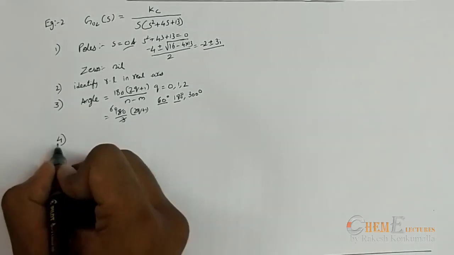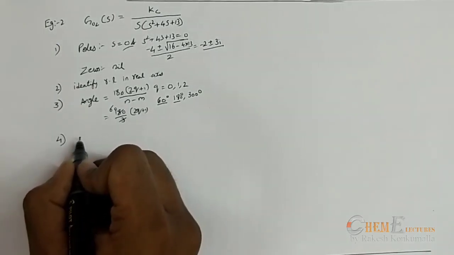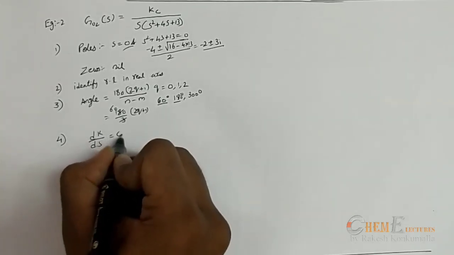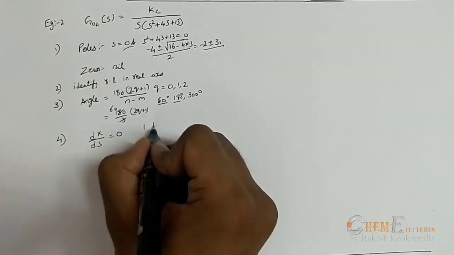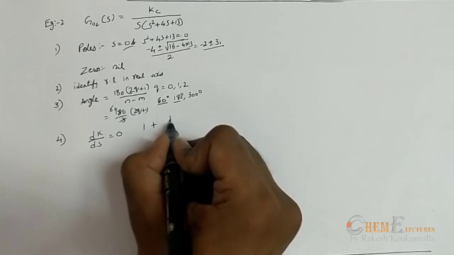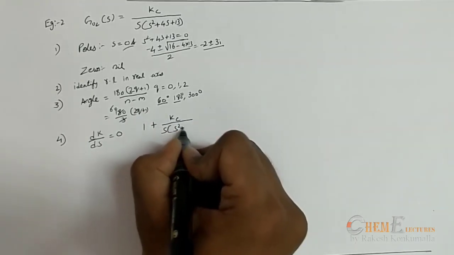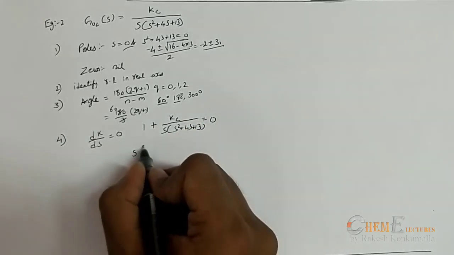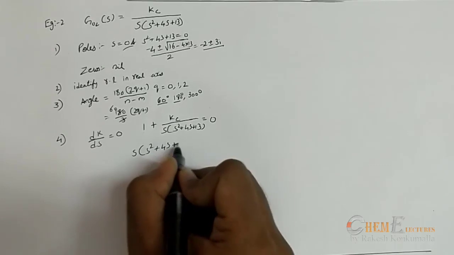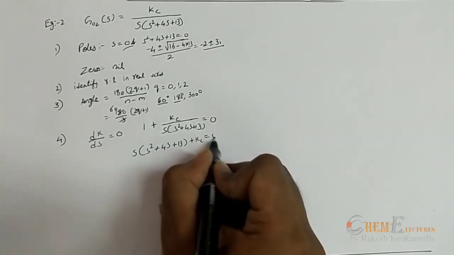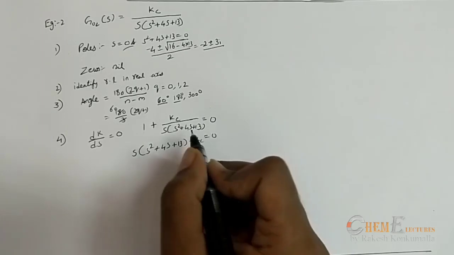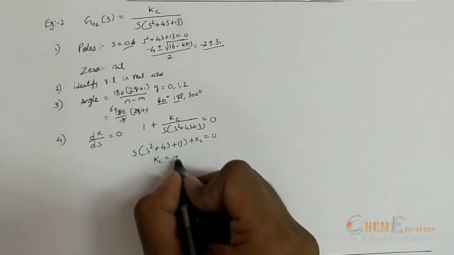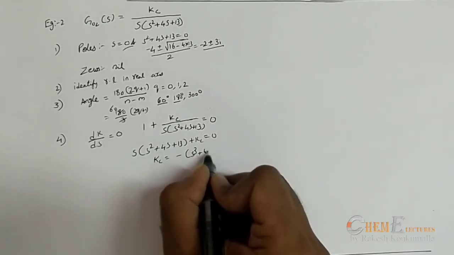Now for step 4, I need to find the breakaway or break-in point, that is dk by ds equal to 0. My characteristic equation is 1 plus the open loop transfer function, which is kc by s into (s squared plus 4s plus 13), equal to 0. Then s into (s squared plus 4s plus 13) plus kc is equal to 0. Rearranging, I can find kc is equal to minus of (s cubed plus 4s squared plus 13s).